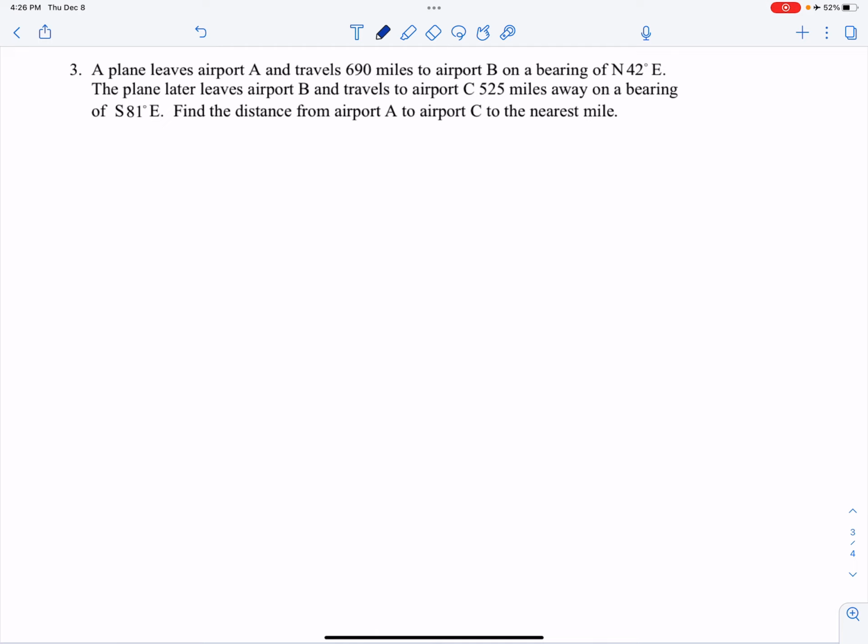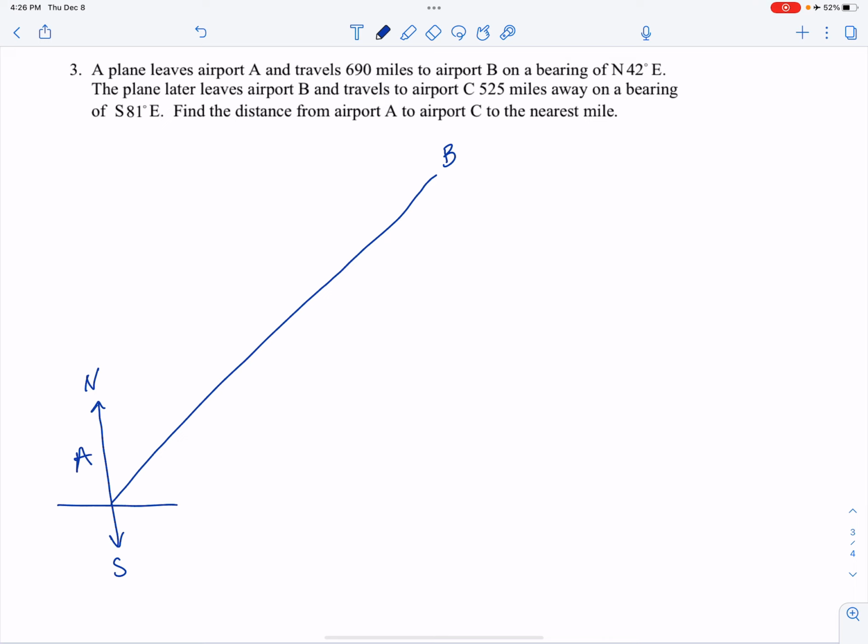So if we start at A and we go to B, and we have a north, so if we're looking at a compass of north, 42 degrees east, from here to here, that's telling us that this angle is 42 degrees.